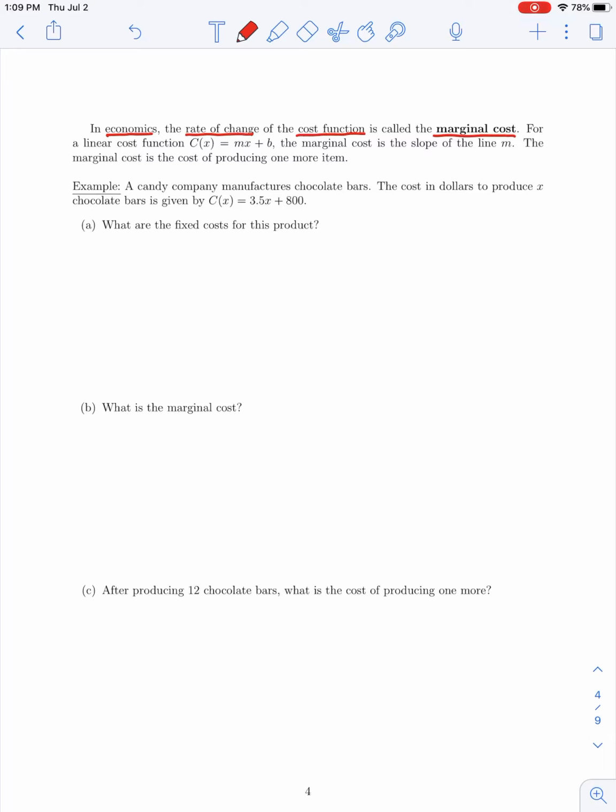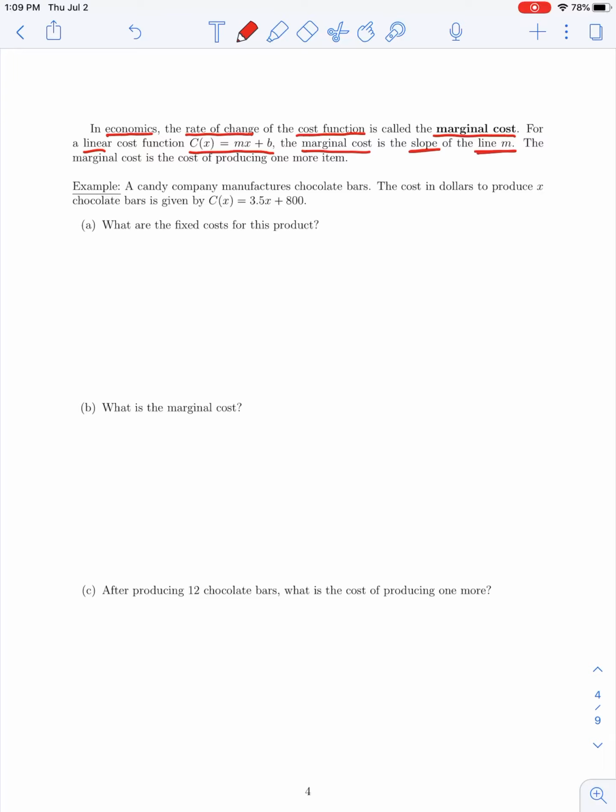So marginal cost would be the rate of change of our cost function. So if we have a linear cost function, say cost is mx plus b, the marginal cost, which would be the rate of change, would be the slope of that line. Again, slope of a line measures the rate at which it changes.